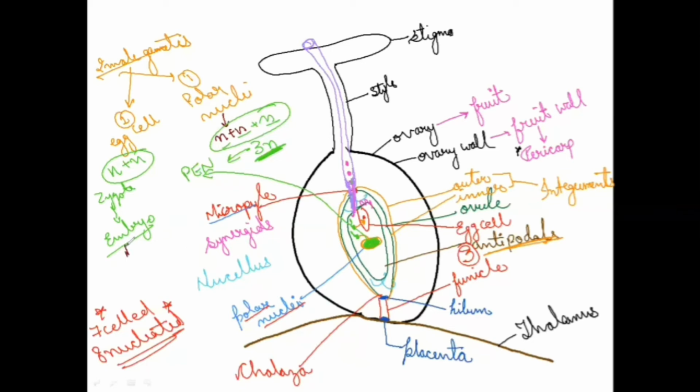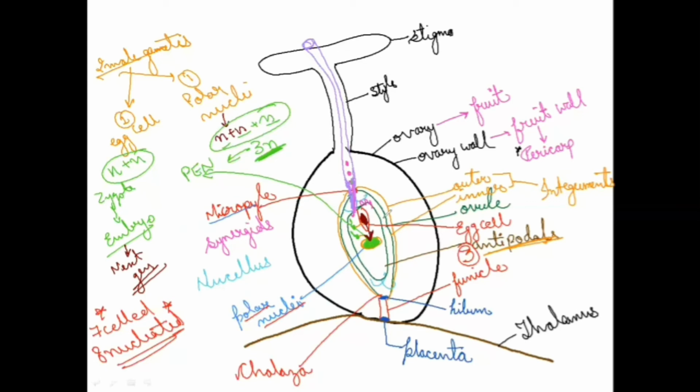Now to grow this next generation embryo, food is required. This embryo which is present here is going to take nutrition from this primary endosperm nucleus.